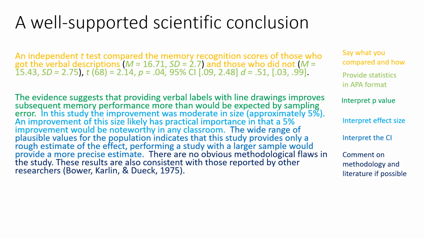Then I also talk about the scientific literature. These results are consistent with those reported by other researchers, and then I would cite them, of course. So this is a fairly brief conclusion, but it does have all of the components that we're looking for. So this would be a solid scientific conclusion.